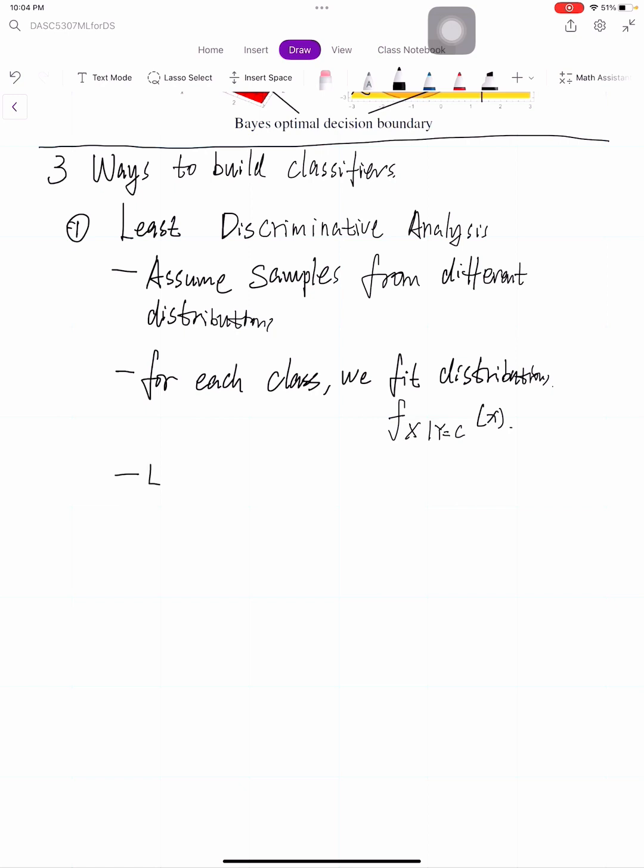Okay, and then we can also estimate the prior probabilities. We can get a rough estimate of how much of the population has cancer, how much of the population doesn't have cancer. And then we can calculate this posterior distribution.